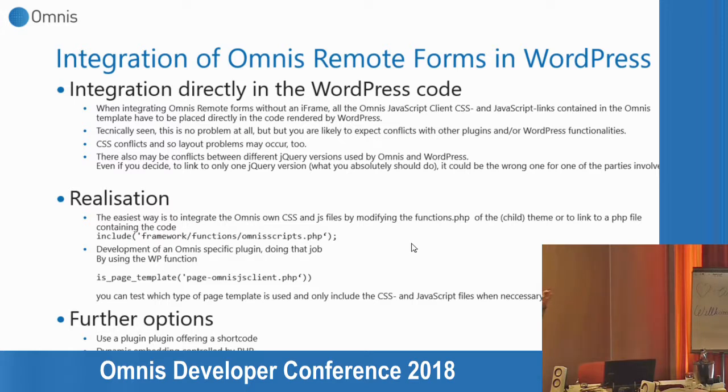And you always have the risk that either WordPress is not working with the Omnis jQuery version or the other way around. So to avoid this, it's better to use an iframe or to test it very extensively. But then maybe if you're shipping your application and your customer is using another theme, the whole mess starts again. So better use an iframe.